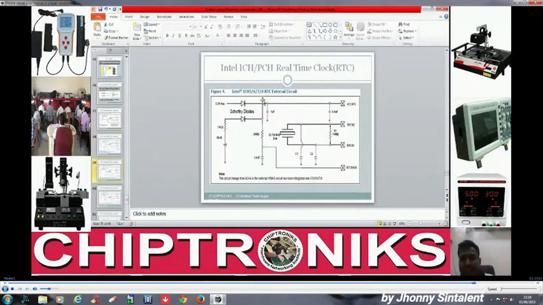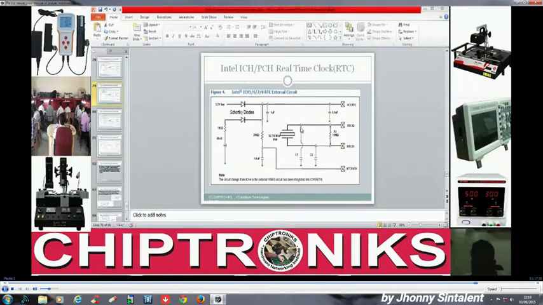We go to the next slide, and here this is the ICH 5678 RTC external circuit. So a notebook motherboard implementing the ICH 5678 RTC circuit would have the same circuit. In this diagram you can see this is the RTC external circuit for ICH 5678, and this is universal.